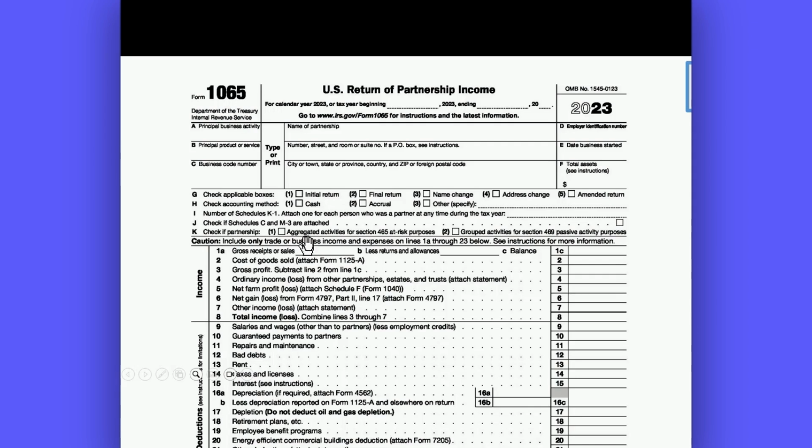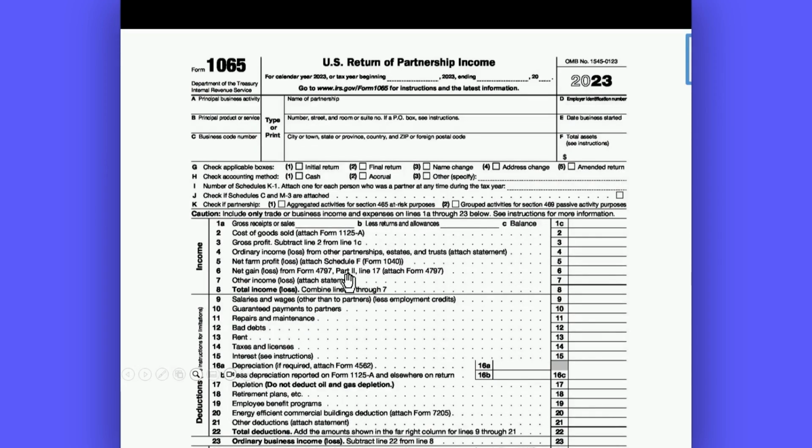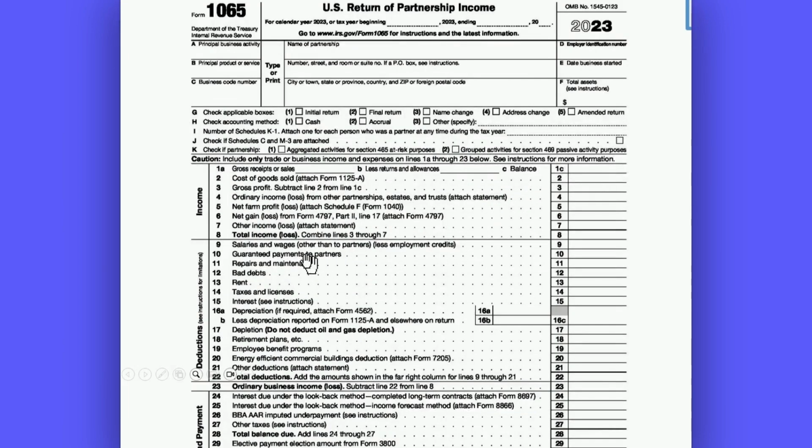And then you've got a couple of other check boxes here that could apply for at-risk or passive activity purposes. Then we move down to the income, as we have seen before, income, cost of goods sold, etc. Then we have expenses, and of course the other deductions. And for here, if you have other deductions, then you attach a statement explaining and listing out what those other deductions are.